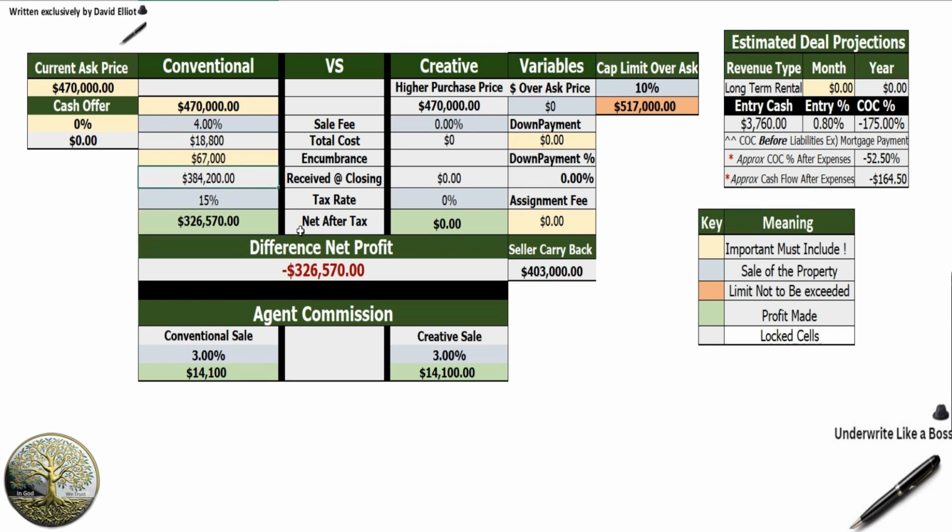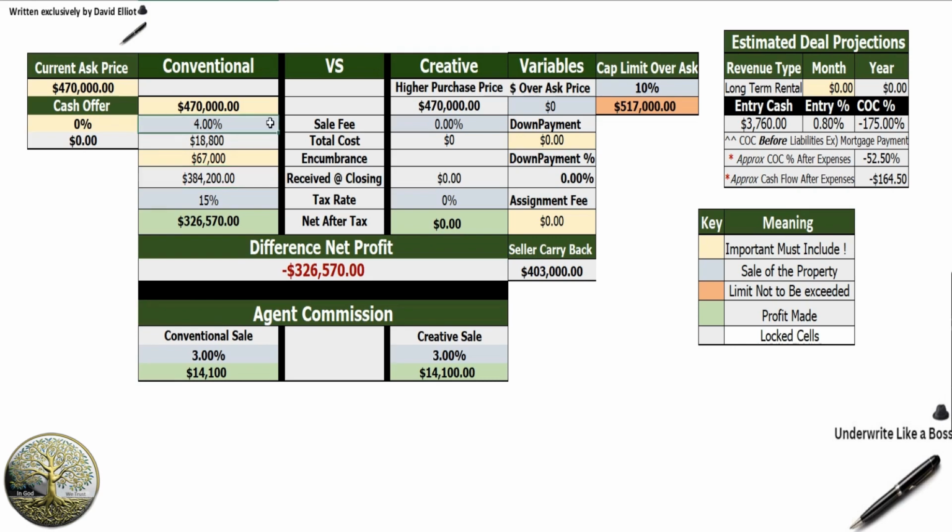And we can see here that the seller is going to walk away with $384,000 on a cash or conventional offer, such as an FHA buyer or a VA buyer. This is the amount of money that will be received by the seller in a best case scenario.